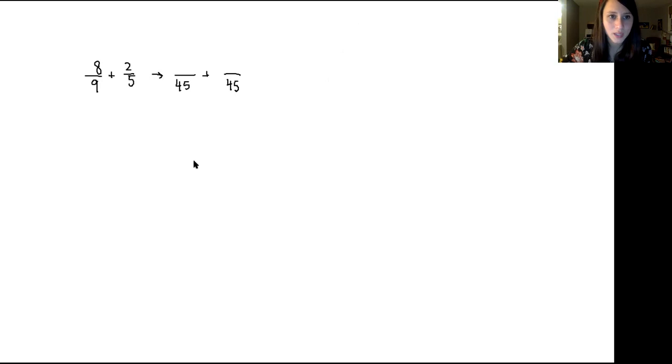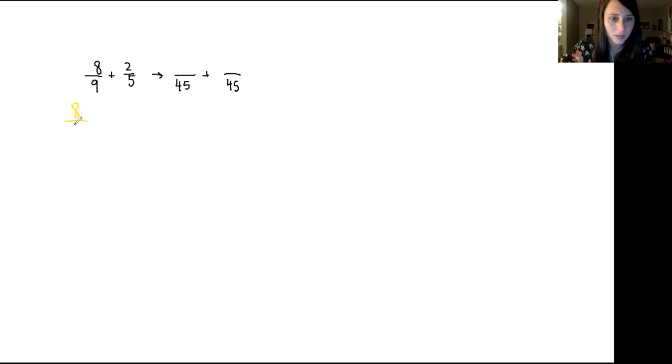So number 1 is 8 over 9 plus 2 over 5, okay? So common denominator here would be 45, I believe. And so if you need to write out what you're multiplying everything by, rewrite on a new step like this.